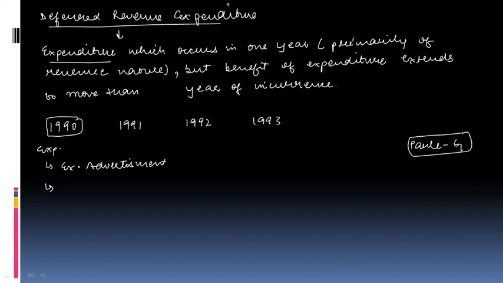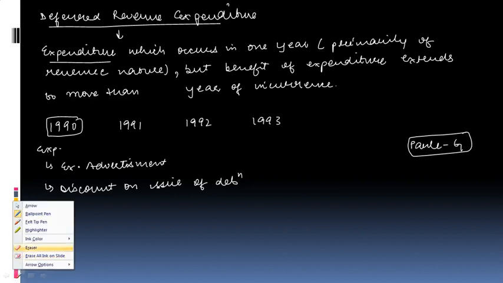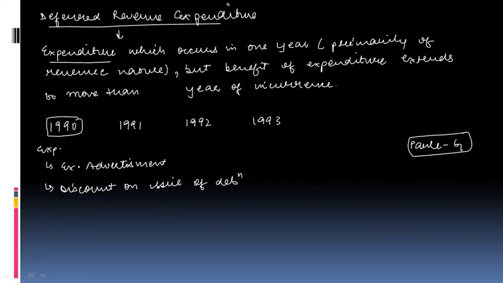The next example can be discount on issue of debentures, the discount which is allowed on issue of debentures. And there may be a lot of development expenses which may take place depending upon the business. So got it?